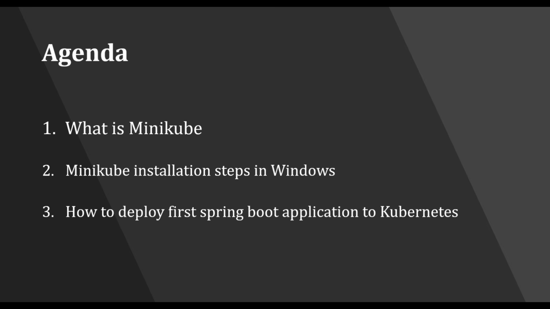Before we install Minikube, first let's understand what Minikube is and why we need it, right? So let me quickly brush up the basic architecture of pod, node and cluster to explain why we need Minikube.